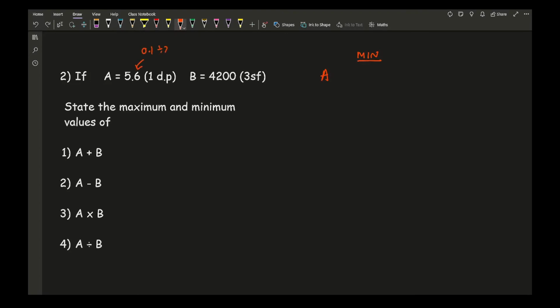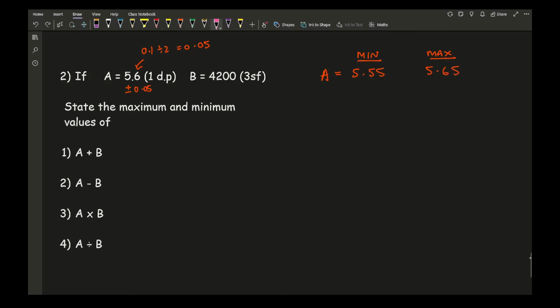Divide that by 2 gives me 0.05. So the minimum value is where I subtract 0.05, so the minimum value for A is 5.55. The maximum value for A is plus 0.05, so it's going to be 5.65.